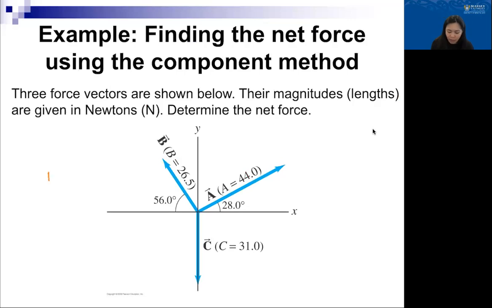So say you have an object here and you're pulling in this direction. Let's say that's force A, with 44 newtons of force and an angle of 28 degrees.